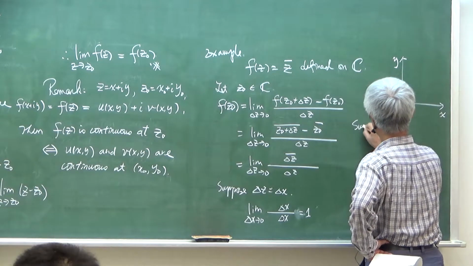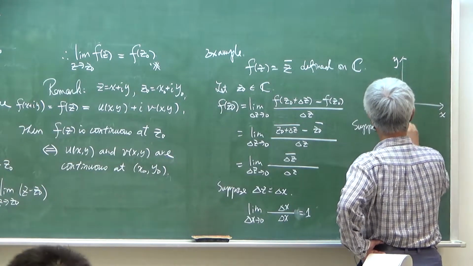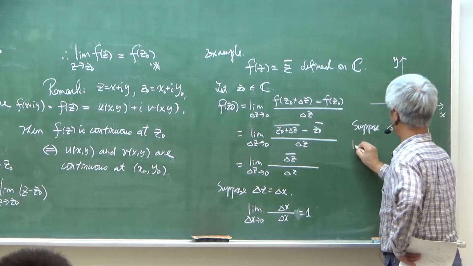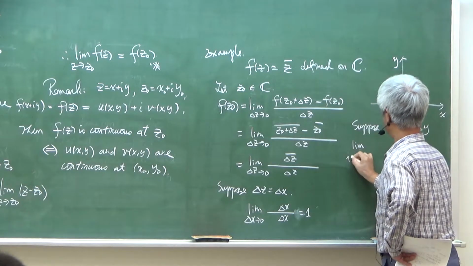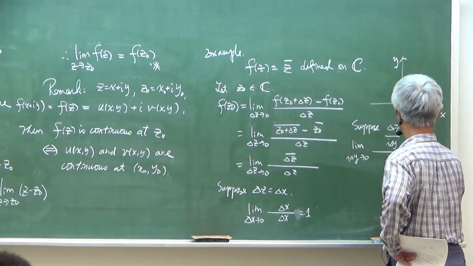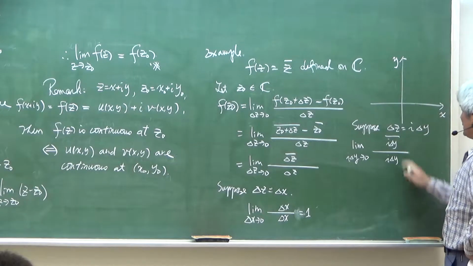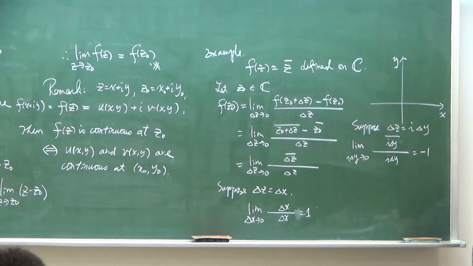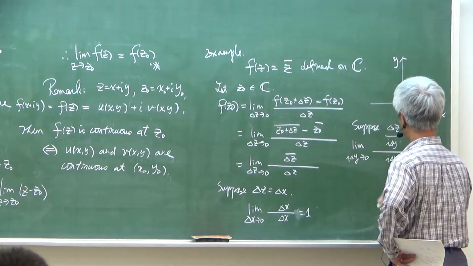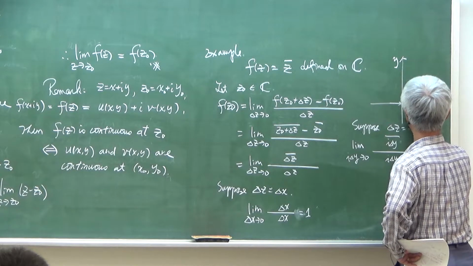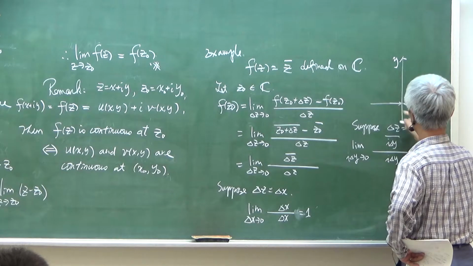But suppose delta z is i delta y, from the imaginary part. Then the limit as i delta y goes to 0, with the conjugate of i delta y over i delta y, because of the complex conjugate, becomes minus 1. So when you go this way, along delta x, the ratio is 1.